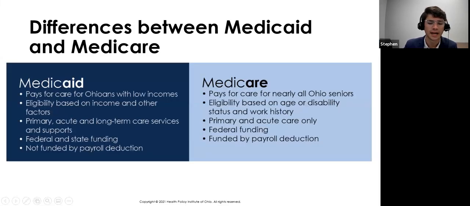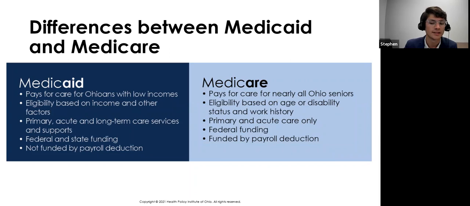Before we dive into the nuances of Medicaid financing, eligibility, and covered services, let's look at the difference between Medicaid and Medicare. Unlike Medicaid, which is funded and administered through a partnership between the federal government and states, Medicare is a fully federal program.